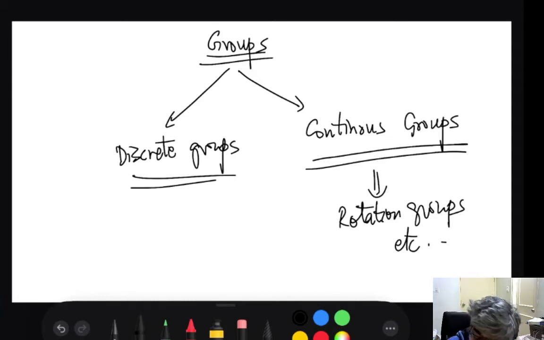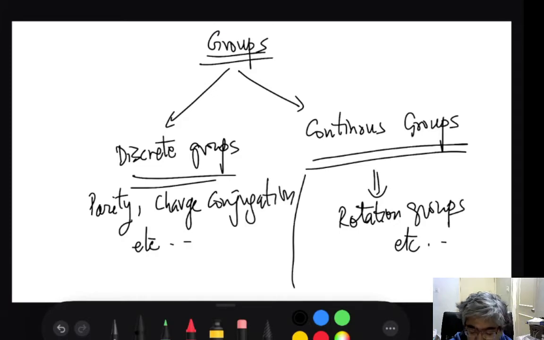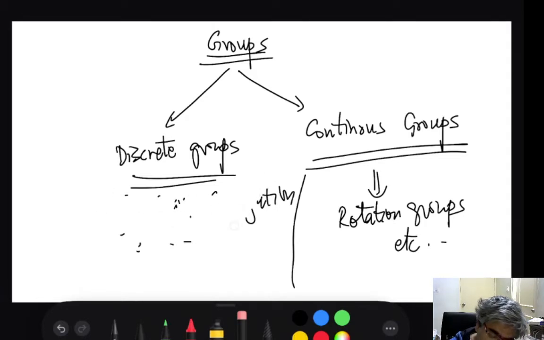So discrete groups are groups like parity, charge conjugation, etc. They are discrete operators. Okay, rotation groups, etc.